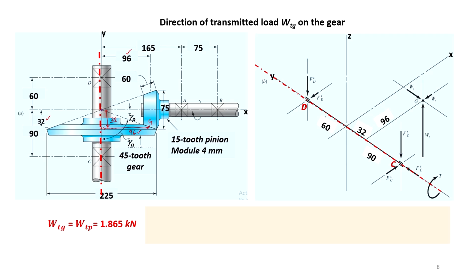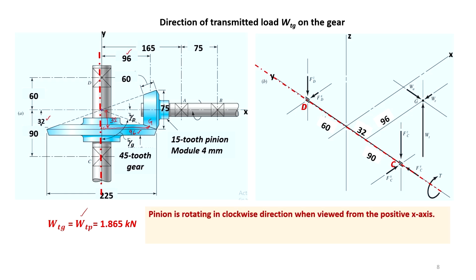Now, Wt on the pinion was obtained as 1.865 kilonewton, and it will be the same for the gear. So, Wt on the gear is also equal to 1.865 kilonewton.